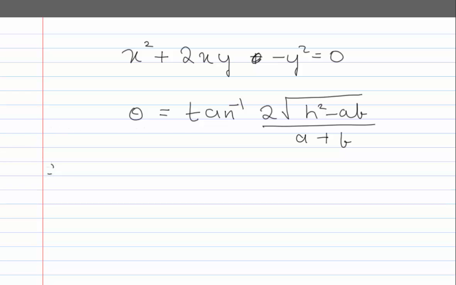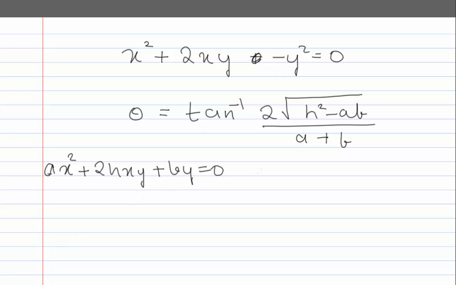I'm writing the general equation of a pair of straight lines, ax square plus 2hxy plus by square is equal to 0. Just compare this equation with this equation. We get a is equal to 1, b is equal to minus 1, right?